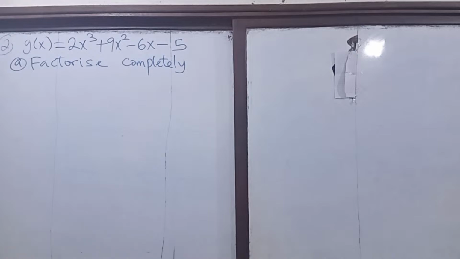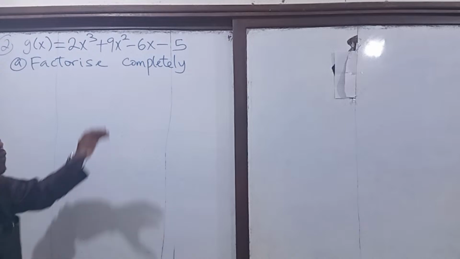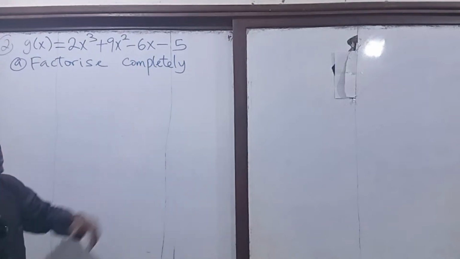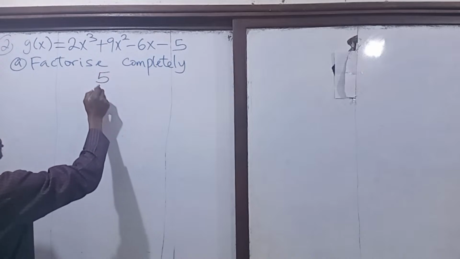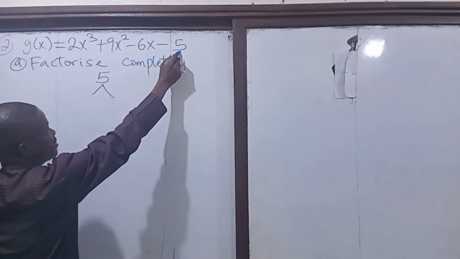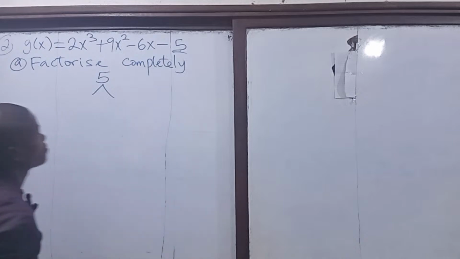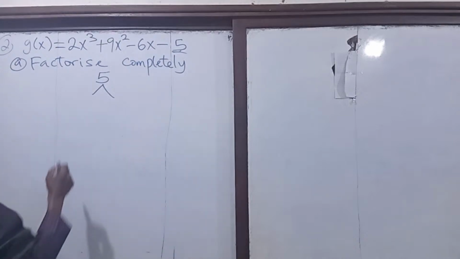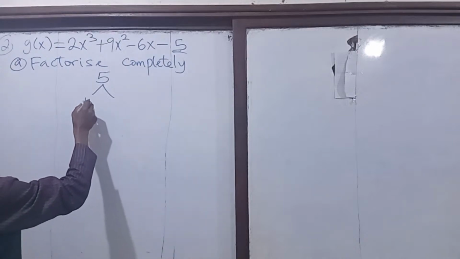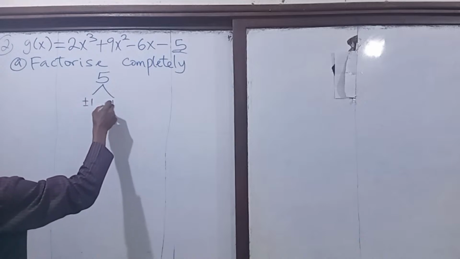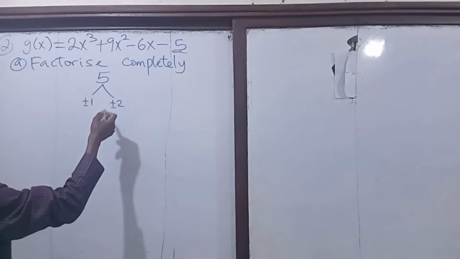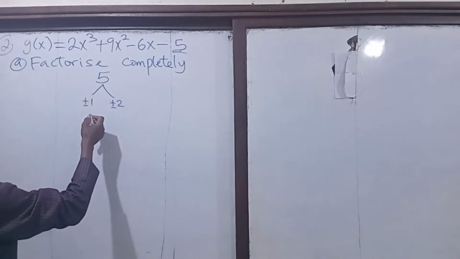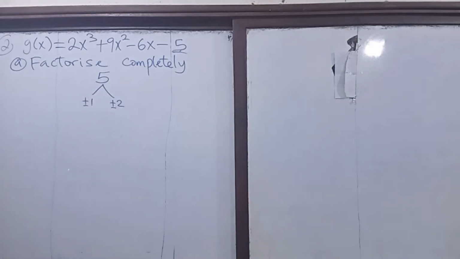Okay, when you have a polynomial and you want to factorize that completely, what you're going to do is to look for the factors of 5, the constant number. The factors could be plus or minus 1, plus or minus 5.